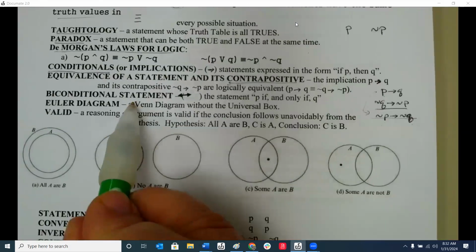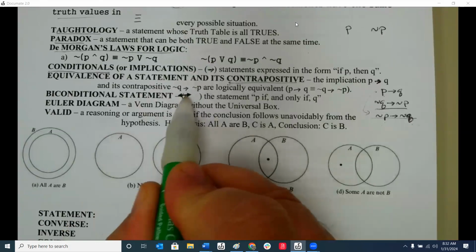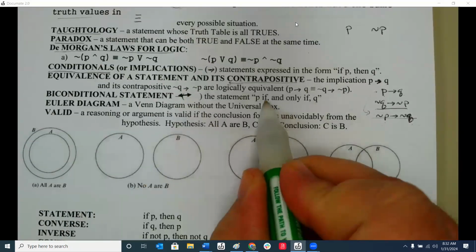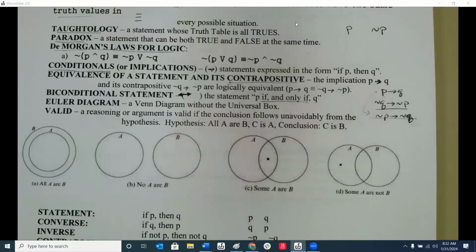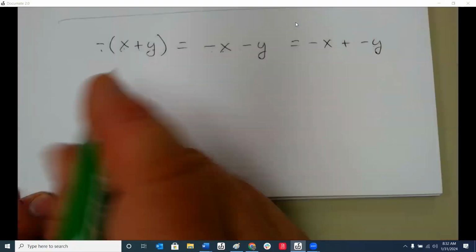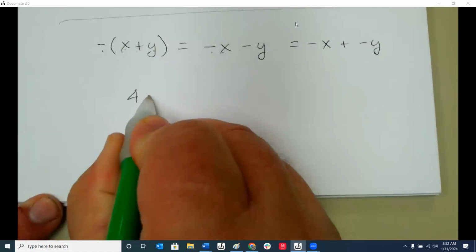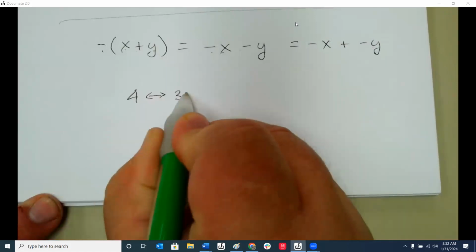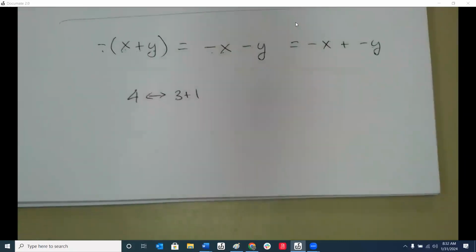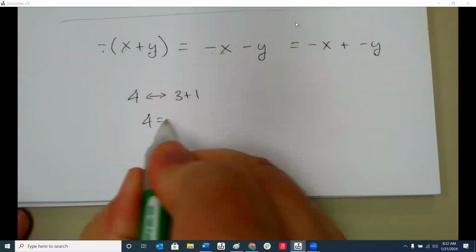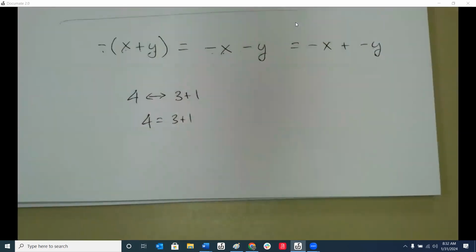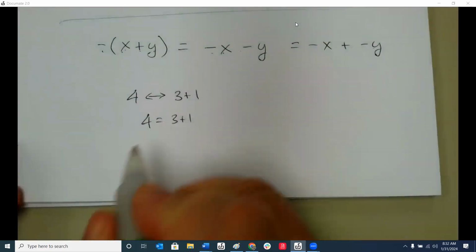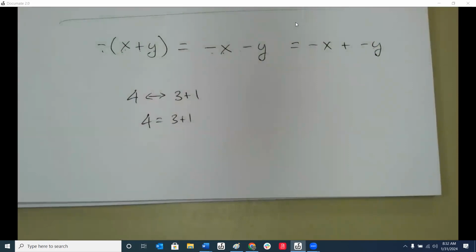A biconditional statement. It's two arrows. This is read if and only if. That's actually what we use in mathematics as the equal sign. Again, in chemistry, if you've ever taken chemistry, you learn something called stoichiometry, which means the balancing of equations.